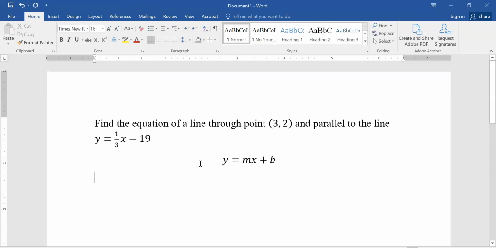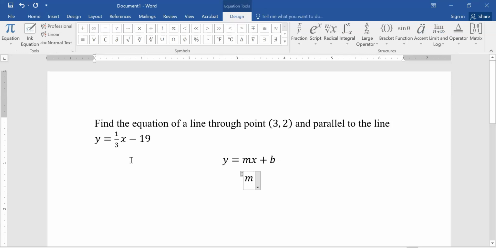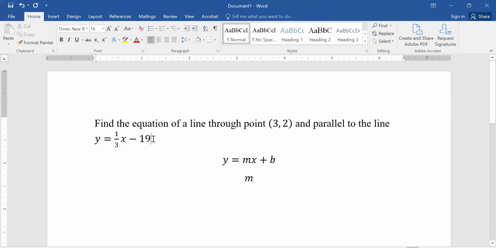Now, this line here, the only thing we really need from it is the fact that the slope is 1/3. Sometimes I write that underneath. The slope of this line here is 1/3 clearly.